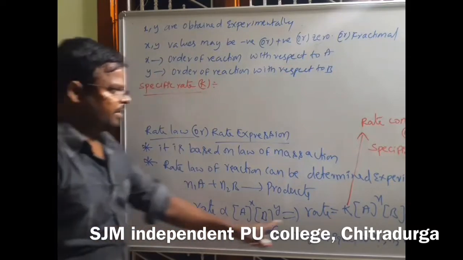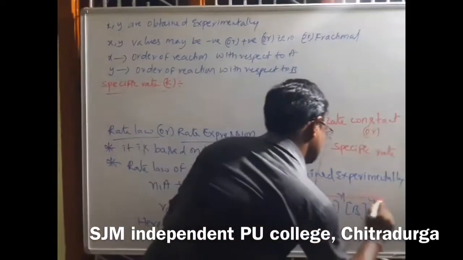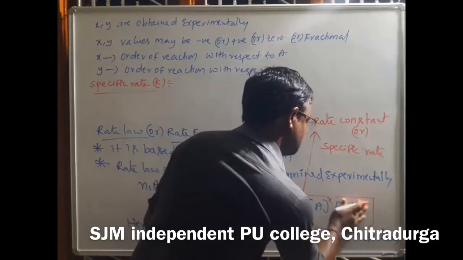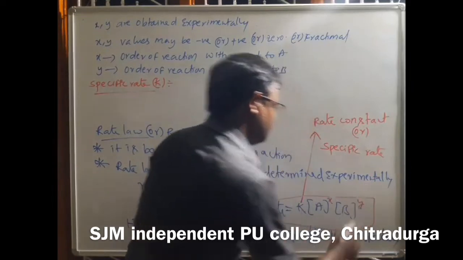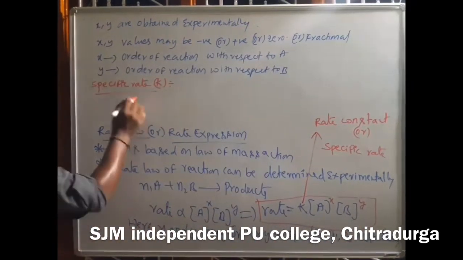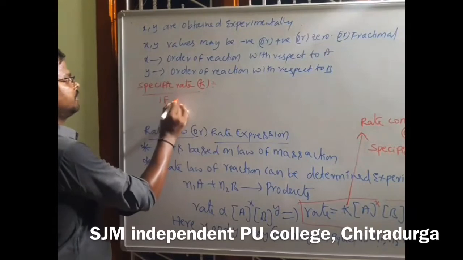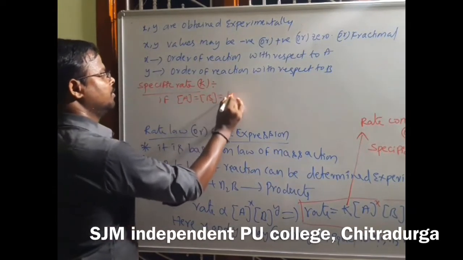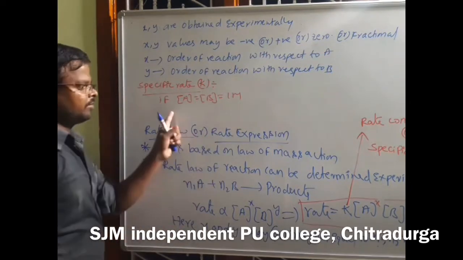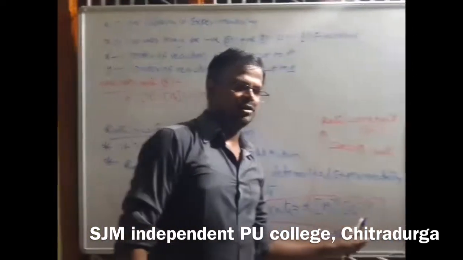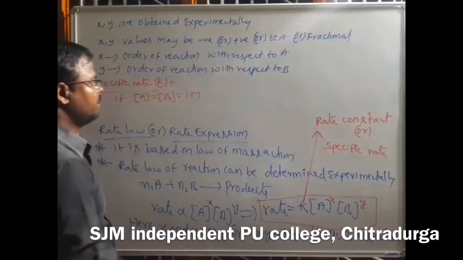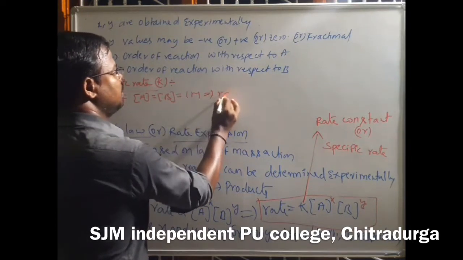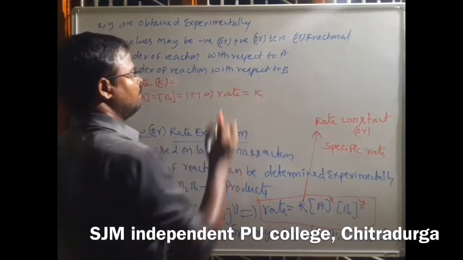See, if you take this rate equation, if the molar concentration of A equals the molar concentration of B equals 1 molar, then rate becomes, this gives rate equal to K. What is the meaning here?